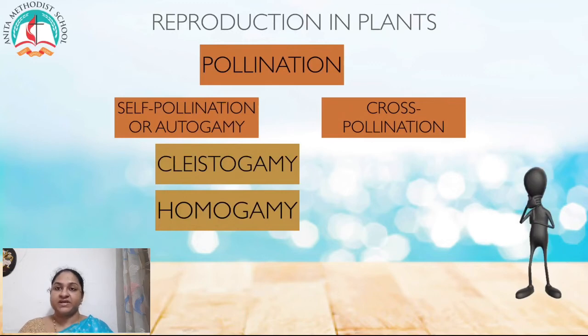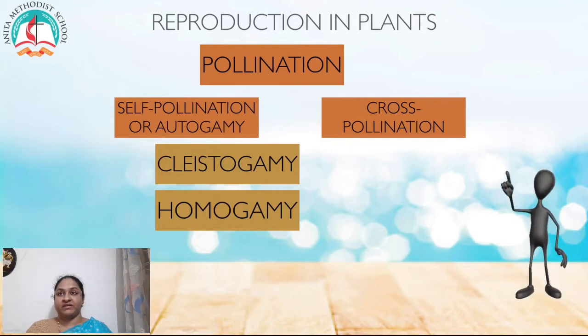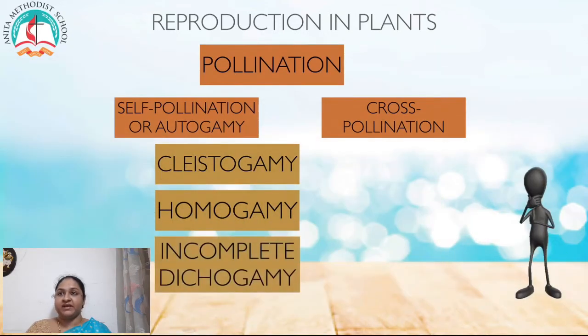When the stamens and the stigma in a flower mature at the same time, we call it homogamy. Then incomplete dichogamy, where the stamen and the stigma of a flower mature at different times. Sometimes the times of maturation of these essential organs overlap so that it becomes favorable for self-pollination.